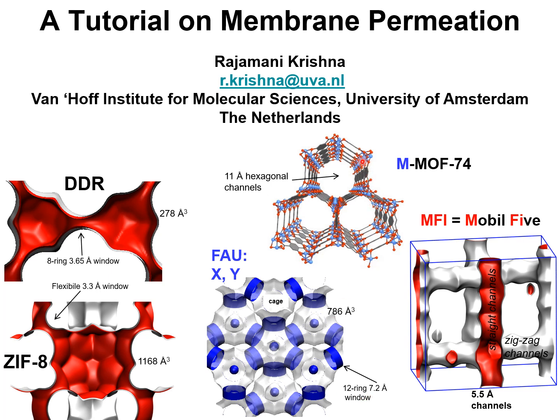We could have one-dimensional hexagonal channels of MOF 74, where M could be magnesium, iron, cobalt, nickel, manganese. Or we could have a set of intersecting channels and use MFI zeolite.